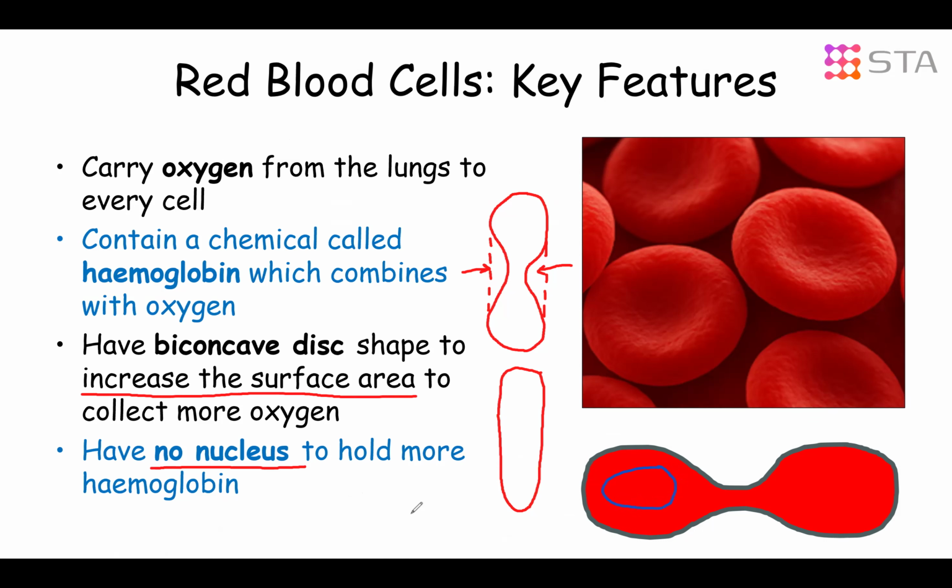Okay, a lot of volume. All right, and that would mean less space for hemoglobin, less space for carrying oxygen. So they do not have a nucleus, so they can carry more hemoglobin in their cytoplasm to pick up the oxygen. Okay, so that was red blood cells.